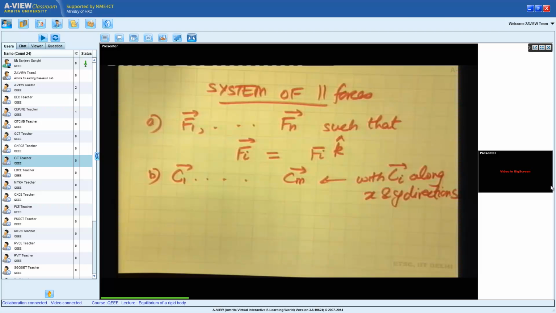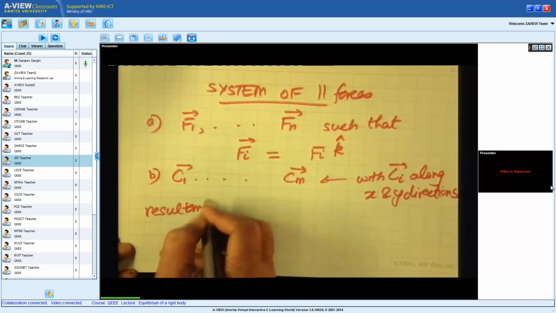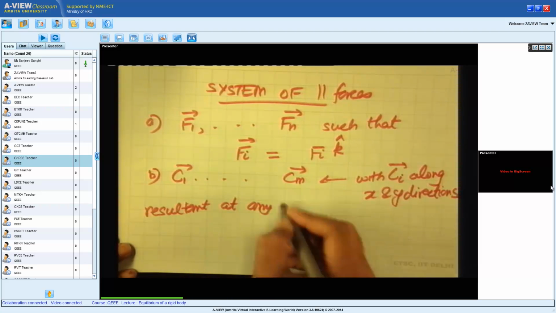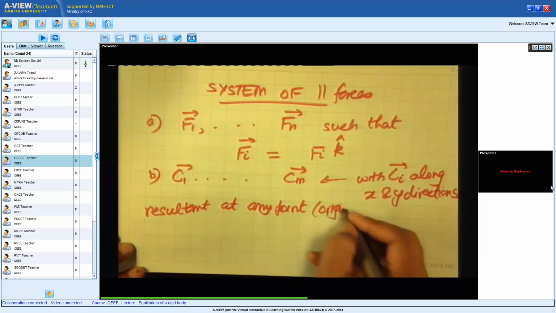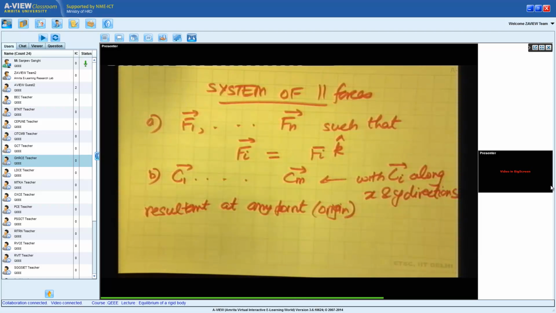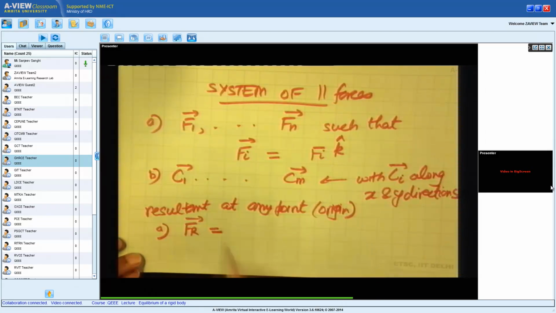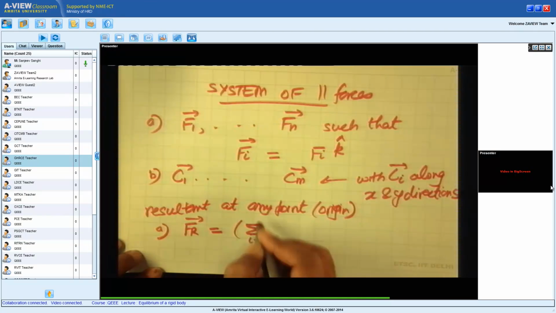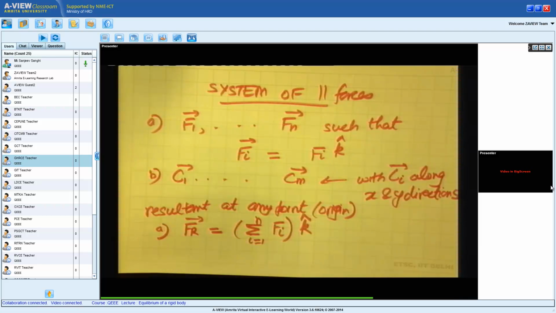So having done this, now for this system, the resultant at any point, and let us say we choose this point as the origin, will consist of, as we have seen for a general system, two parts: a force, which we say Fr, and this will be equal to sigma i going from 1 to n, Fi scalar times k, because now all the forces are parallel to the z axis.